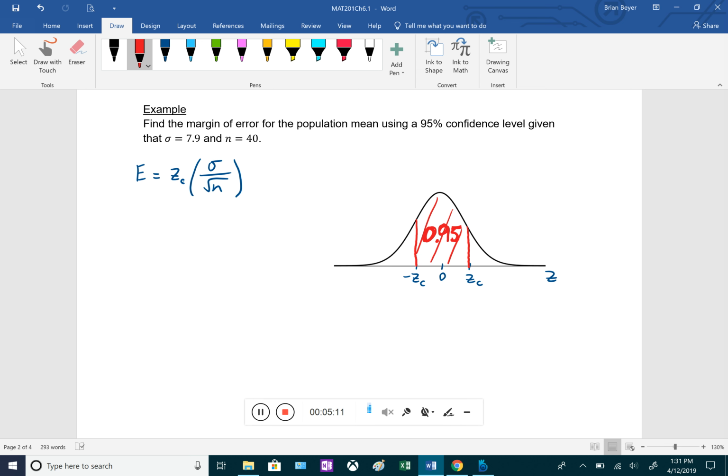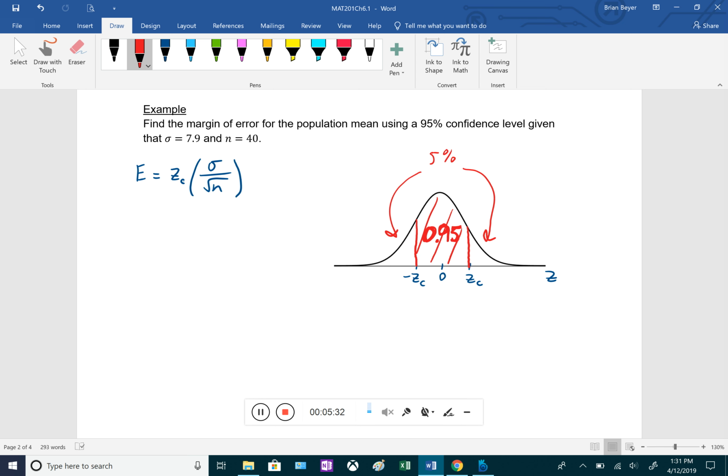So to do this, if we remember we've done this before, in order to use the table, we need to relate this to an area to the left because that's what the table tells us. So if 95% of the area is between two values, that means 5% is on the outside, right? So 5% would take up this side and this side.